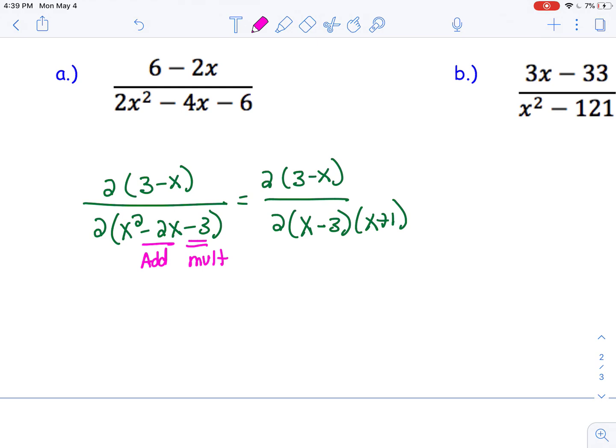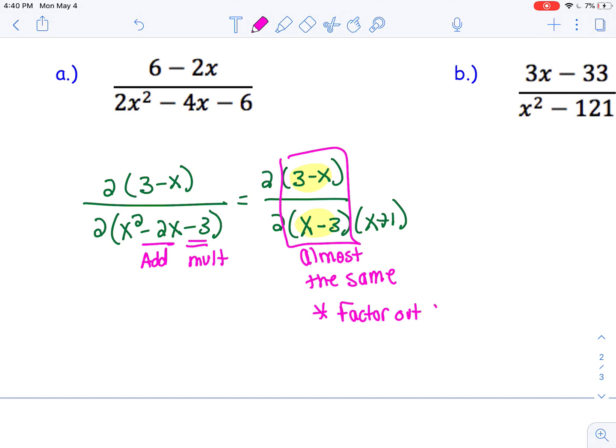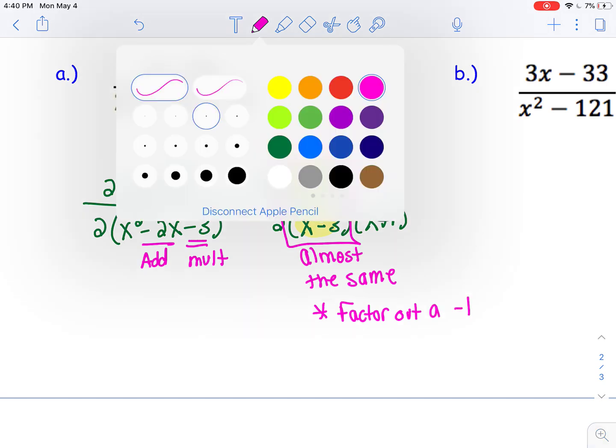So now I notice something. What I want you to pay attention to is see how these are almost the same factor. But their signs are different. So what you need to do is factor out a -1. Let's look at what that looks like.